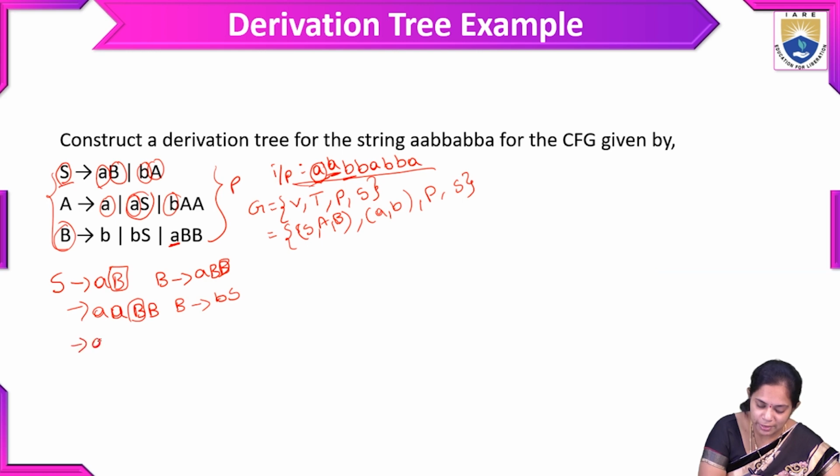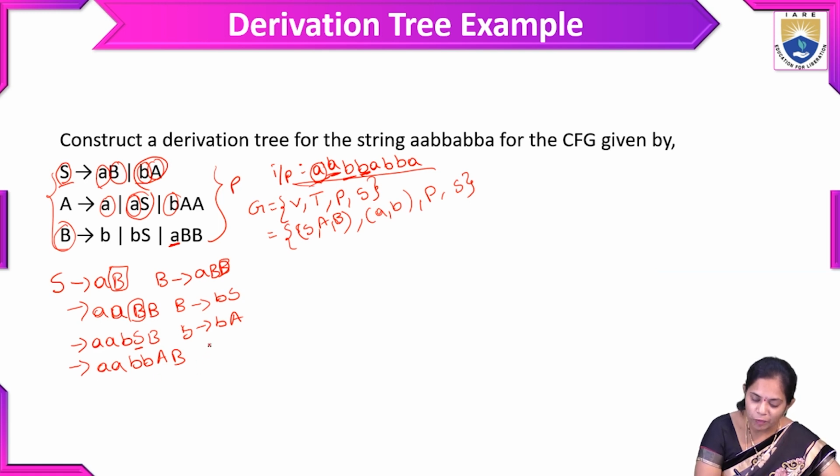So I will write A, B, S and B. Here I have S, so again we substitute S. The next input symbol is B, so S tends to BA. So I will write A, B, B, A and the remaining B.